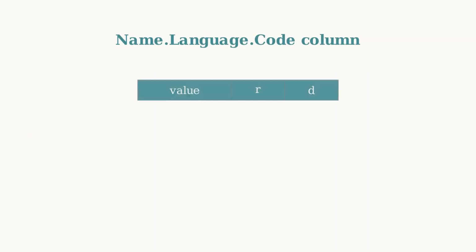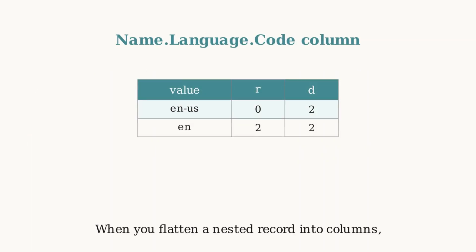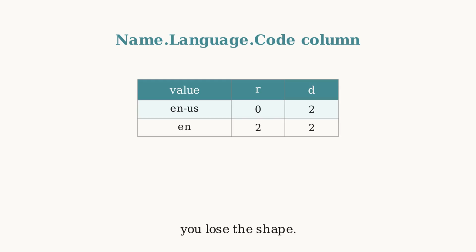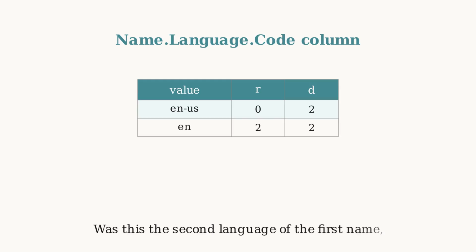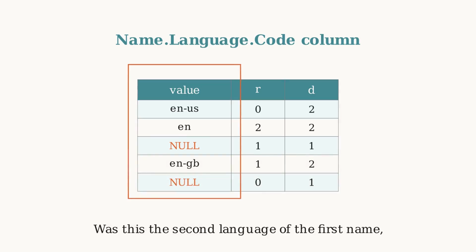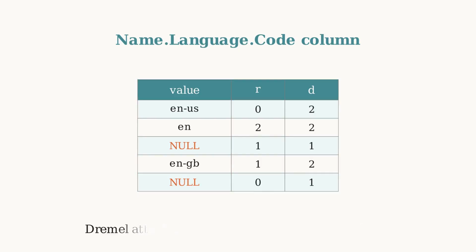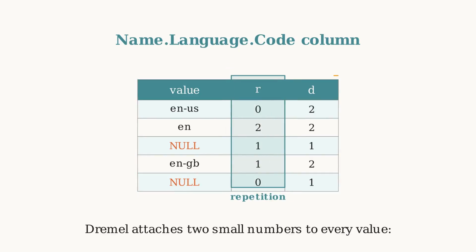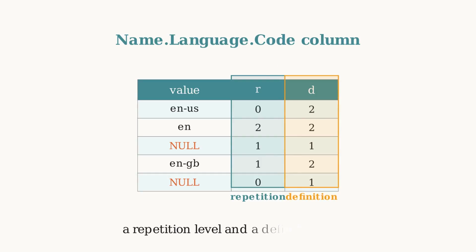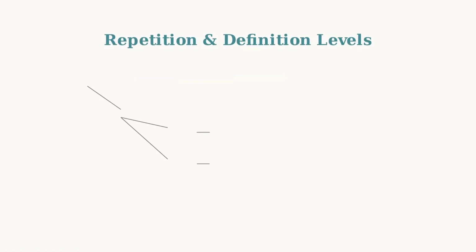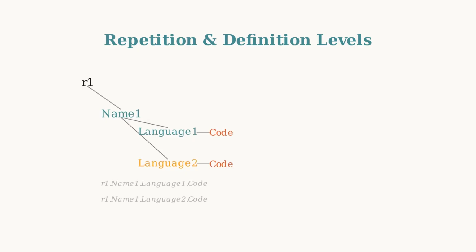The core challenge: when you flatten a nested record into columns, you lose the shape. Was this value the second language of the first name, or the first language of the second name? Dremel solves this with two small numbers attached to every value, a repetition level and a definition level. The repetition level tells you where in the nesting hierarchy this value repeats.